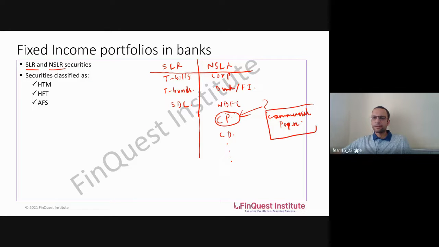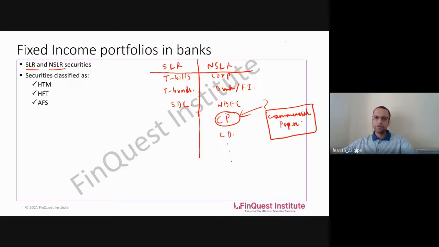Anyone? Okay. So commercial paper is a short-term funding instrument for a bank or for any financial institution, and CP is used for mainly meeting your working capital requirements.